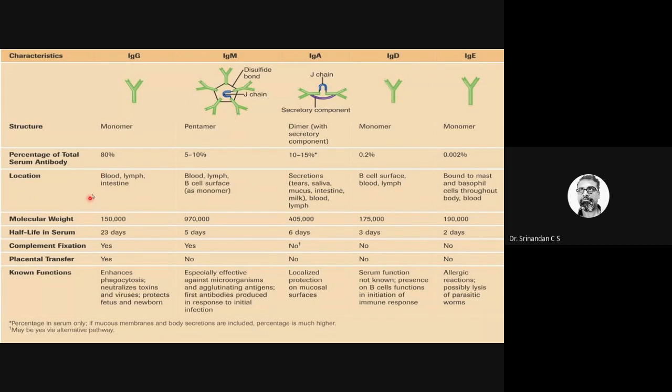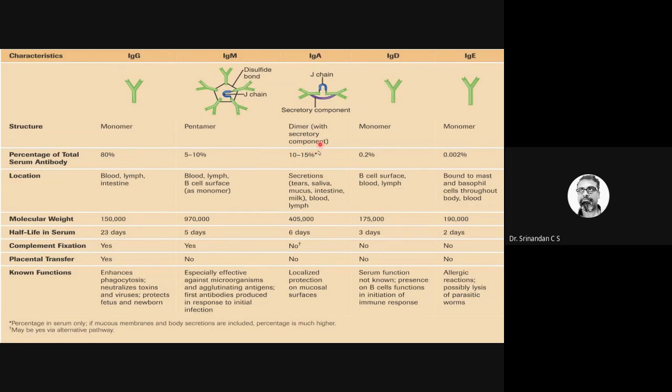IgG is a very high percentage of our antibodies. IgM is a pentamer, five very strong antibodies, and they are the first ones to come against any pathogen. Then IgG will take over.